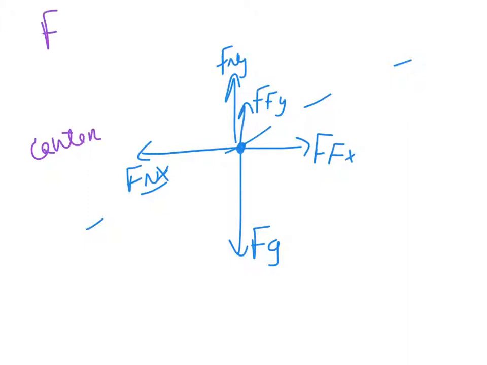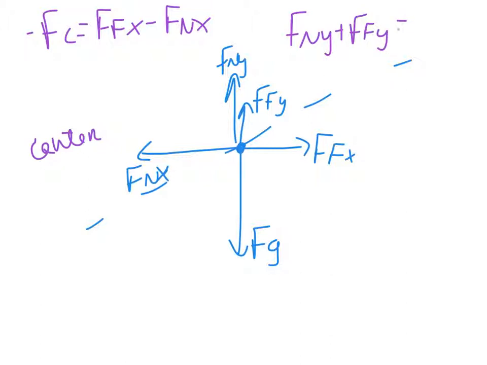So my centripetal force equals right minus left, Ffx minus Fnx. And the centripetal force points to the left, so it has to be negative. In the y direction, top equals bottom because there's no acceleration that way. Fny plus Ffy equals Fg.